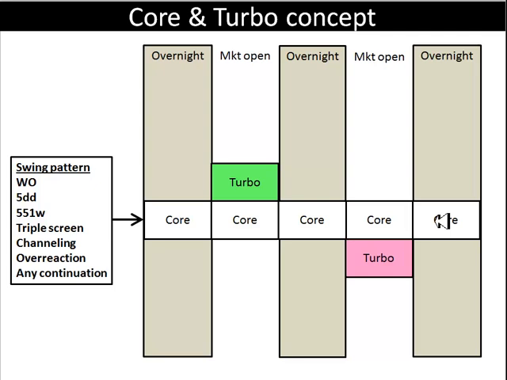So that's the general idea behind the core and turbo concept, a combination of swing trading and intraday trading in targets that we have framed in the usual way, and in which we're using risk management and position sizing to meet our objectives.